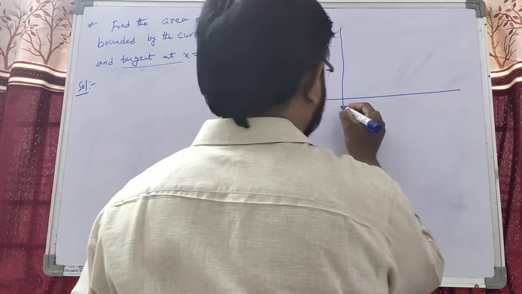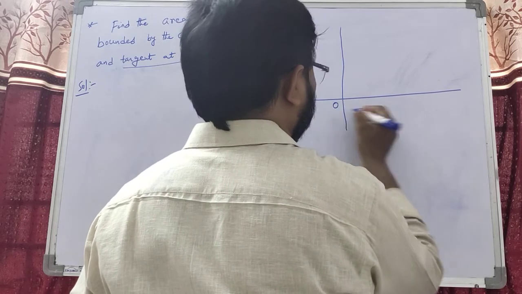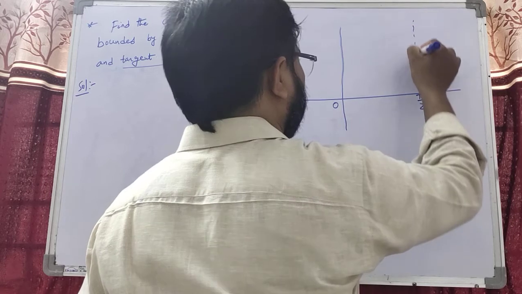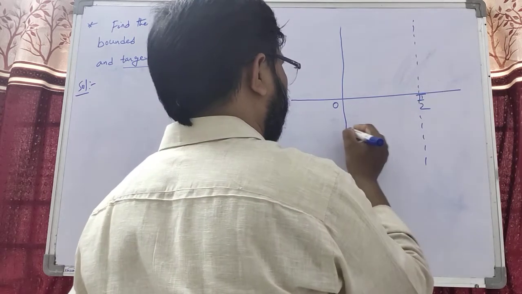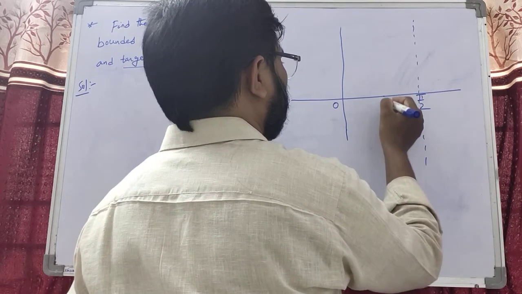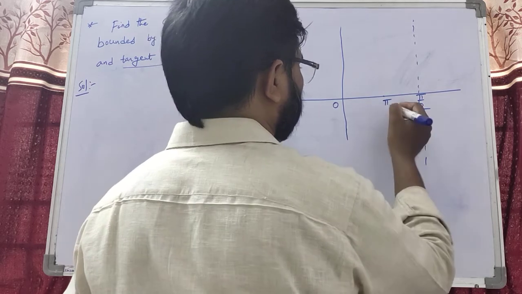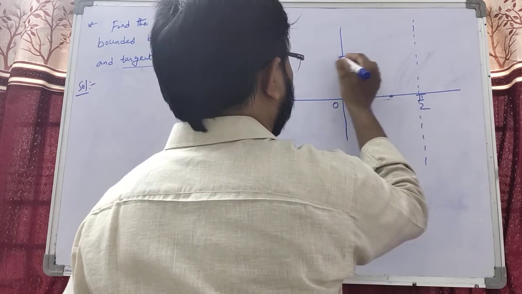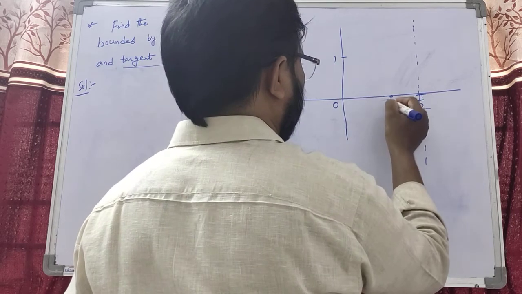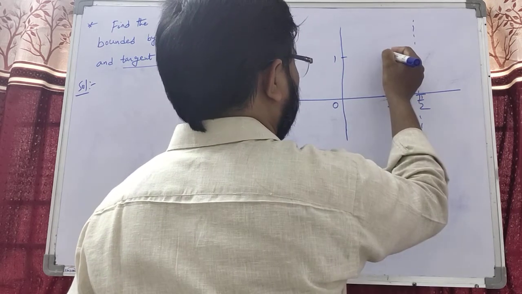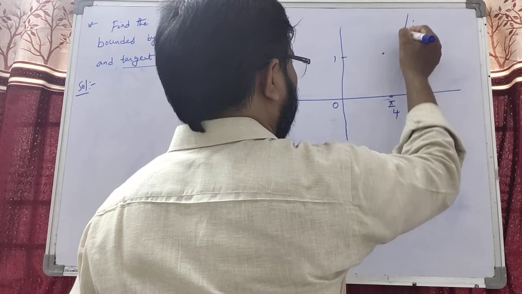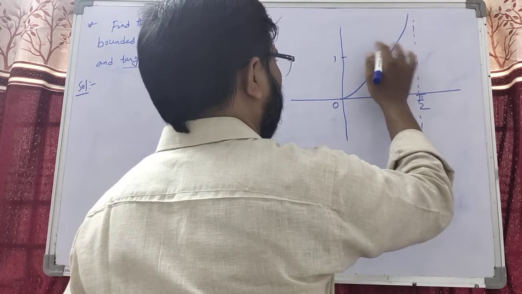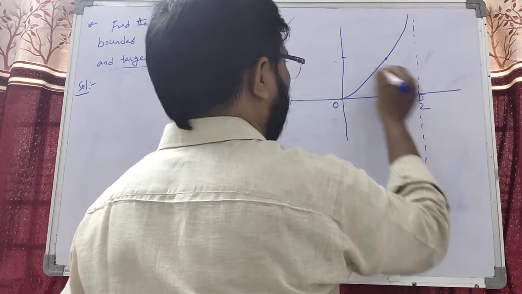Okay students, here this is 0. We have to know that tan 90, everybody knows, is infinity. Dear students, the value at pi by 4, everybody knows tan 45 is 1. The graph is like this, and this is the value of 1.